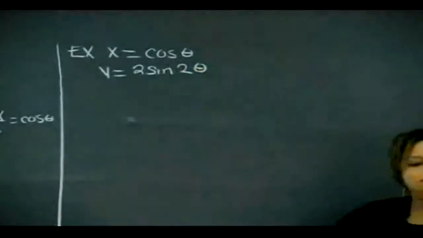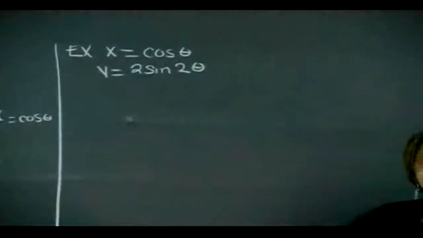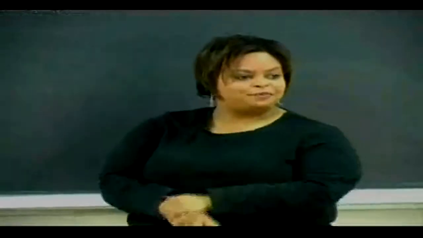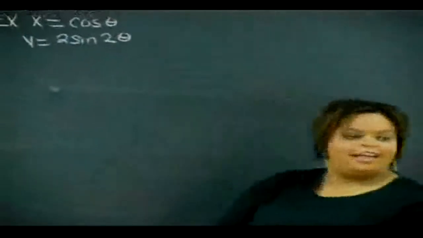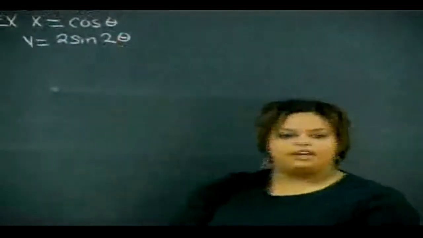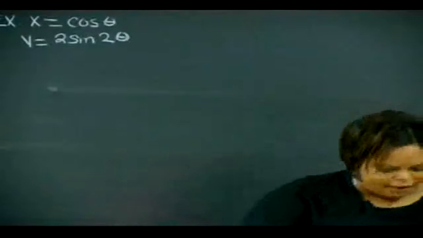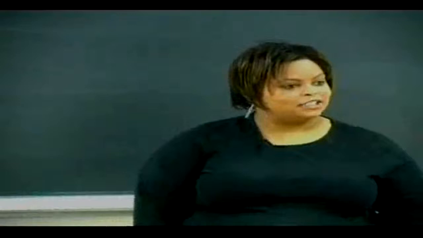Now, we cannot do what we did in the last problem. How do those two problems differ? Here I have a double angle, and there I just have a single angle. So I really need to get that double angle down to a single angle before I can think about what I need to do.